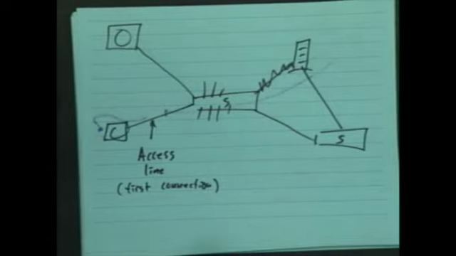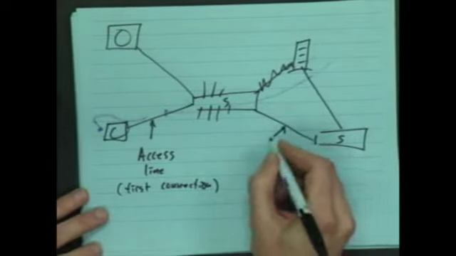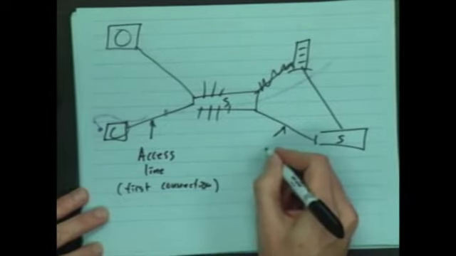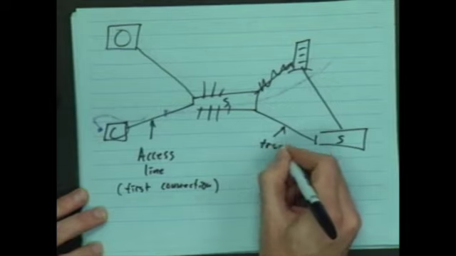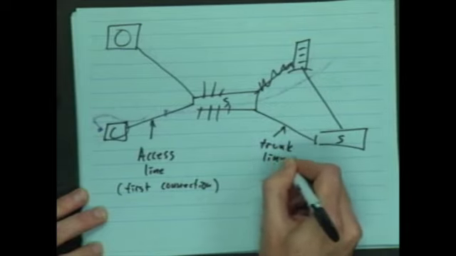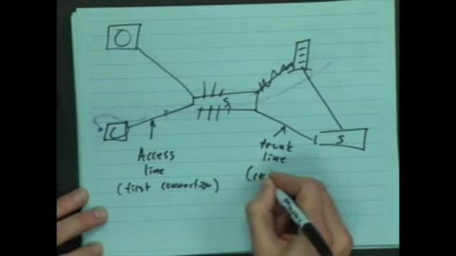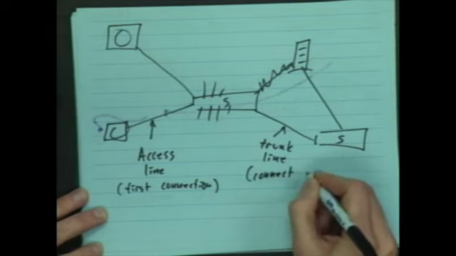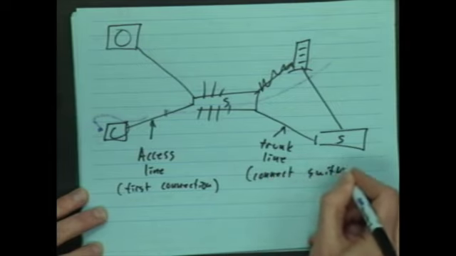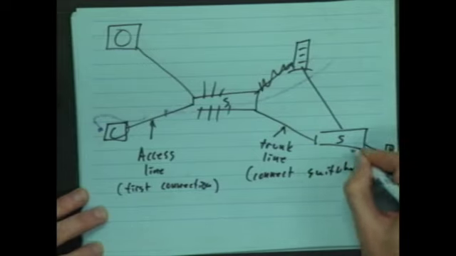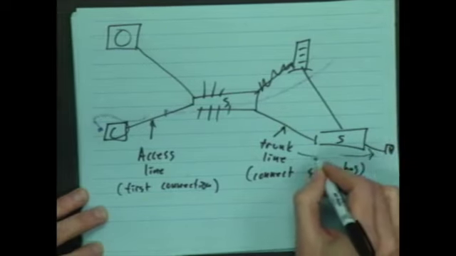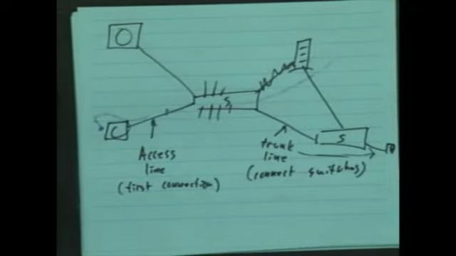The lines that connect switches are called a trunk line. The one that connects the router is the same way. That's also a trunk line. So that would be a trunk line too.